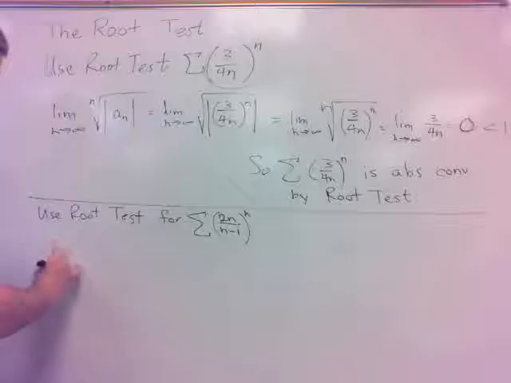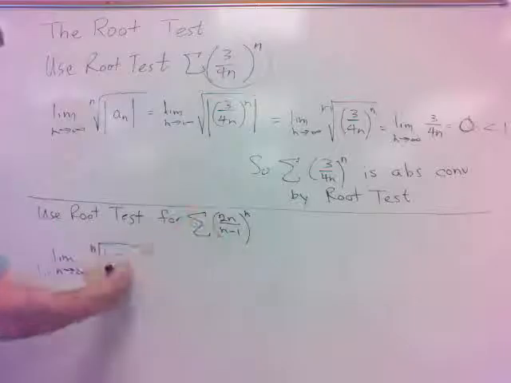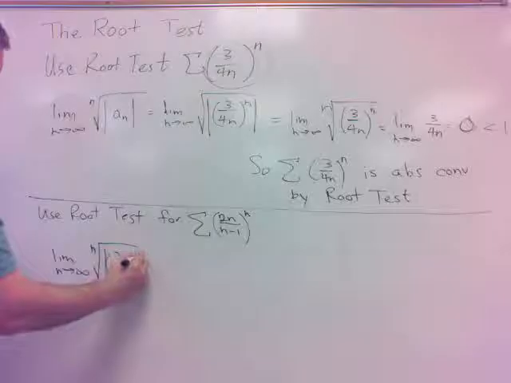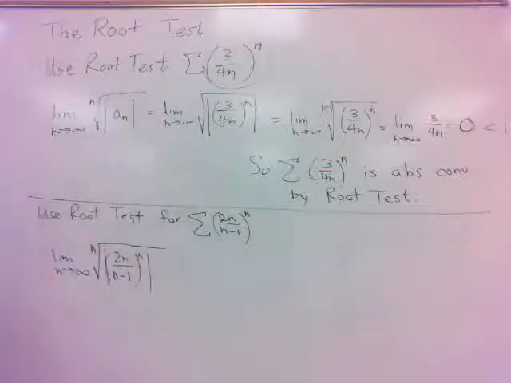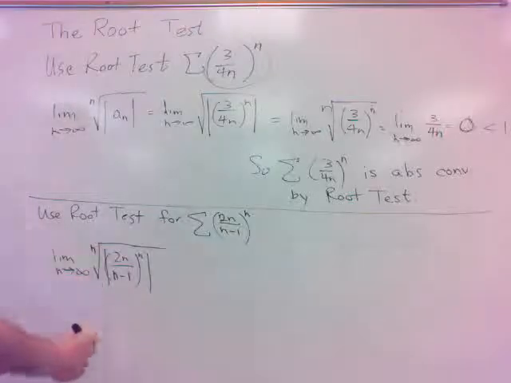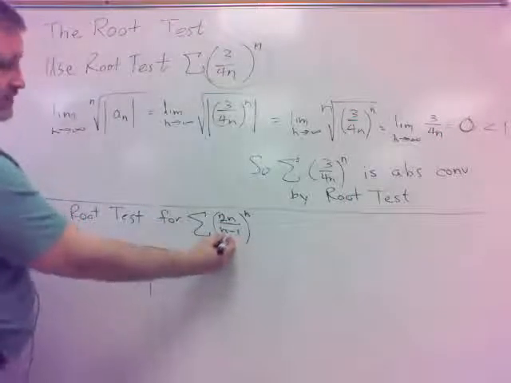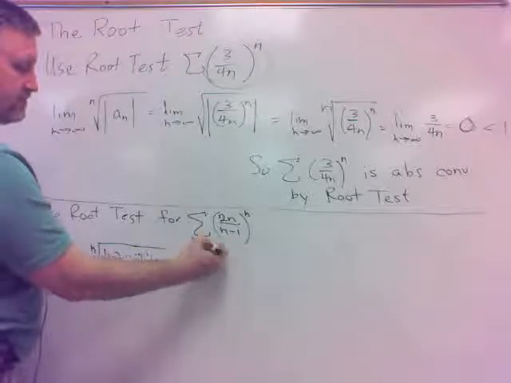Okay, so we have the limit as n goes to infinity of the nth root of the absolute value of that. For this series to work, n has to be bigger than 1, because it can't be 1.